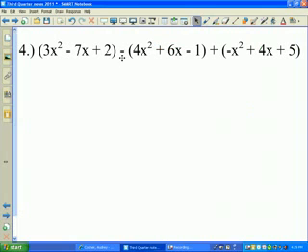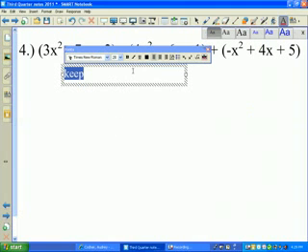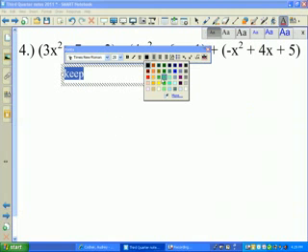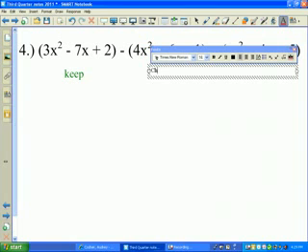First things first, we're dealing with subtraction here. So anytime I see subtraction, I should be thinking keep. And I'll put it in a different color, make it slightly bigger. Maybe a little bit bigger than that. So I'm going to keep it. Here, you're going to change.